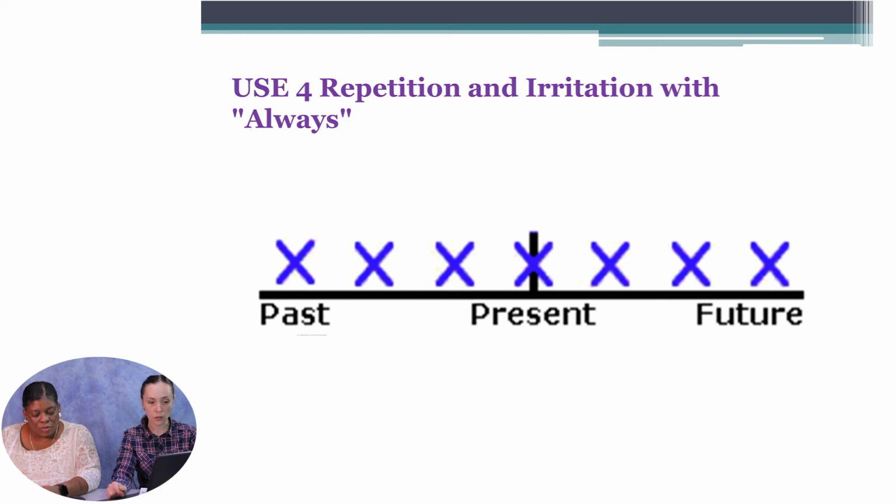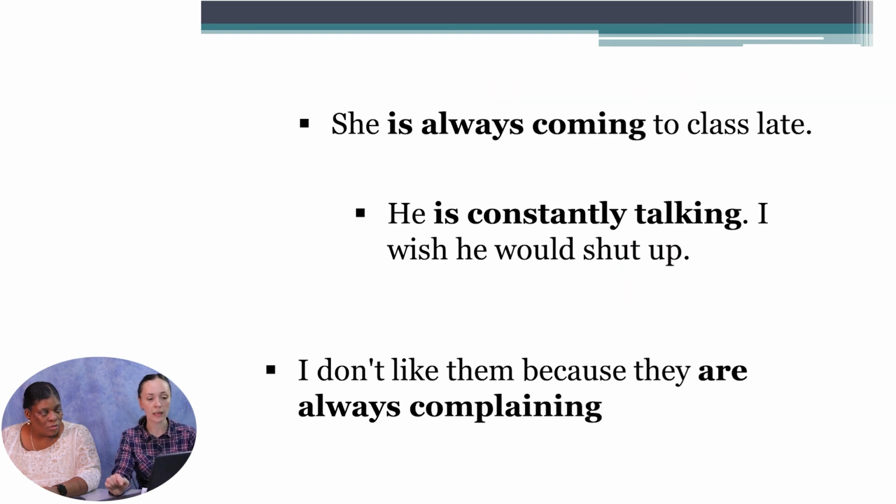Remember to put the words always or constantly between be and verb plus ing. And let's have a look at the examples. She is always coming to class late. He is constantly talking. I wish he would shut up. I don't like them because they are always complaining.